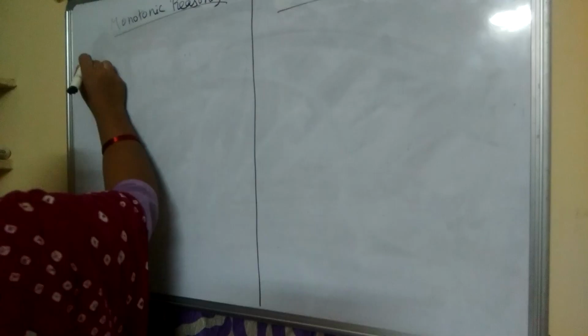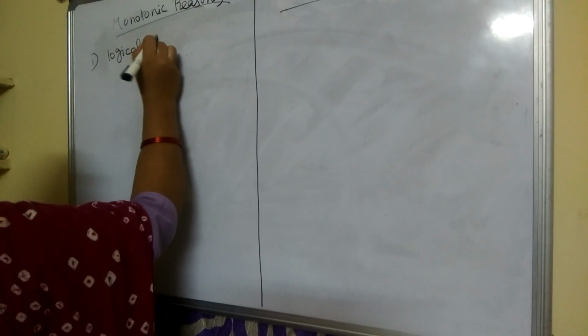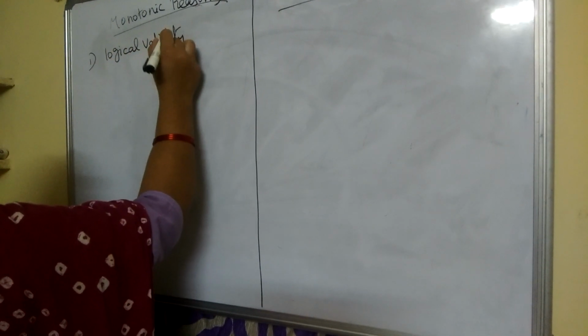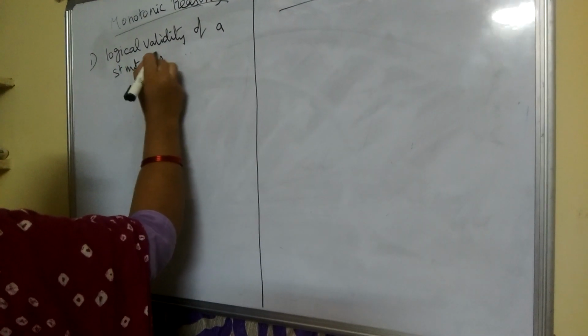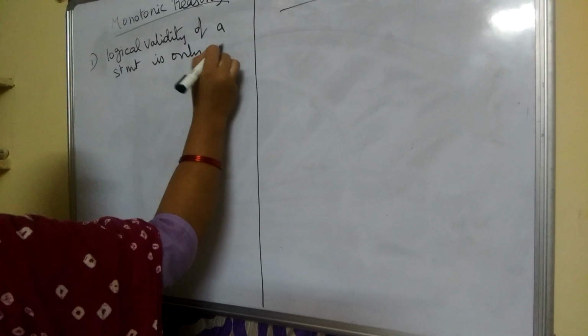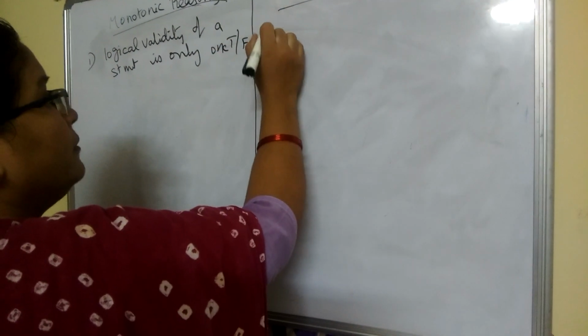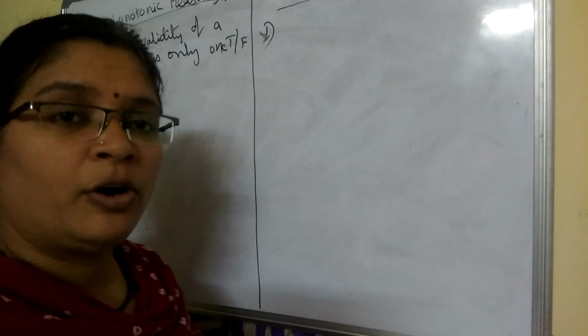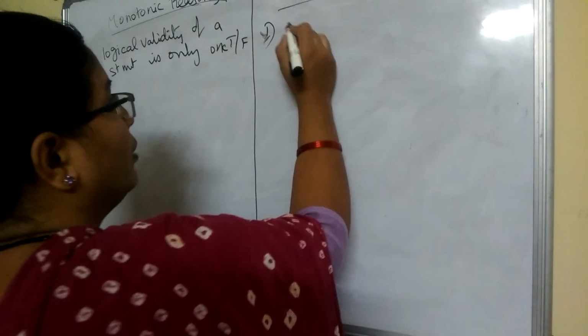Okay, in the monotonic reasoning, the logical validity of a statement is only one, that is either true or false. In non-monotonic reasoning, we can't say for certain that the statement is true or false.